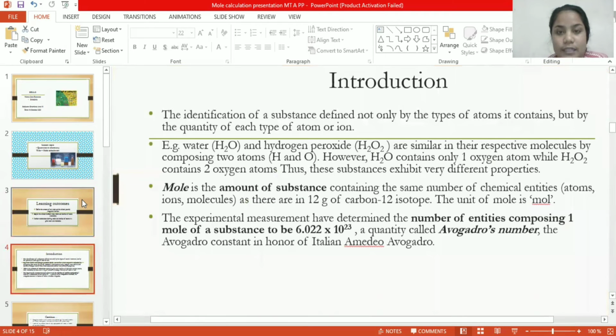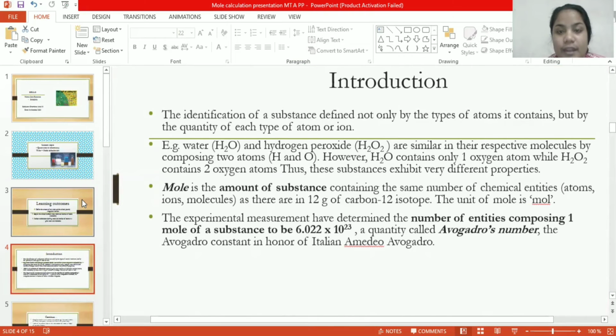In mole calculation, this is the introduction: the identification of a substance is defined not only by the type of atom it contains, but by the quantity of each type of atom or ion. For example, as we can see, water and hydrogen peroxide are similar in their respective molecules, being composed of 2 atoms, hydrogen and oxygen.